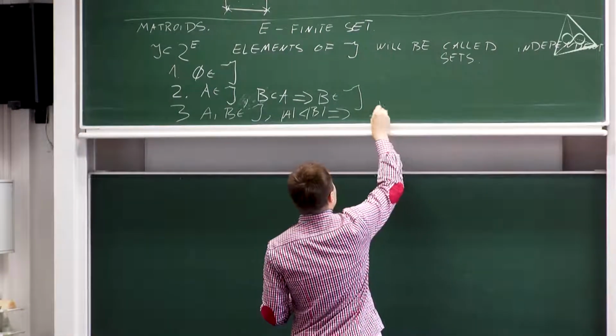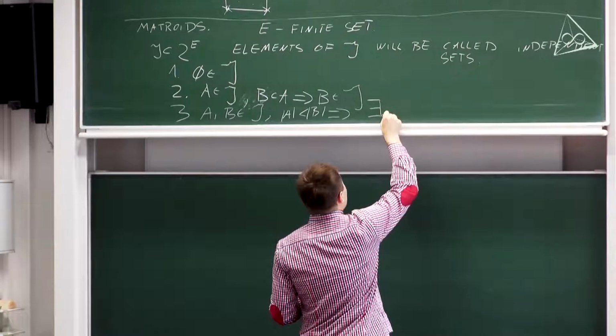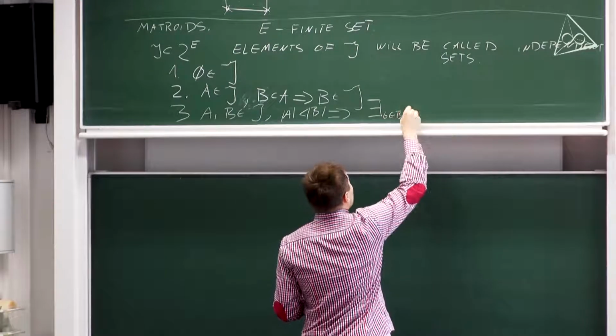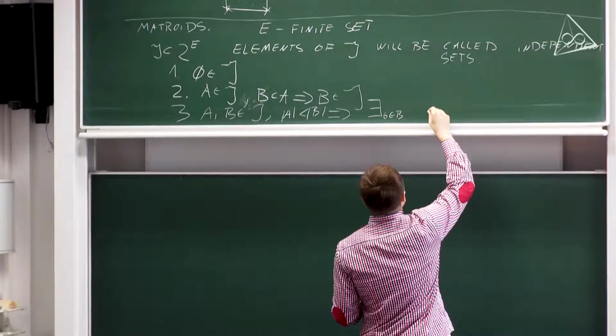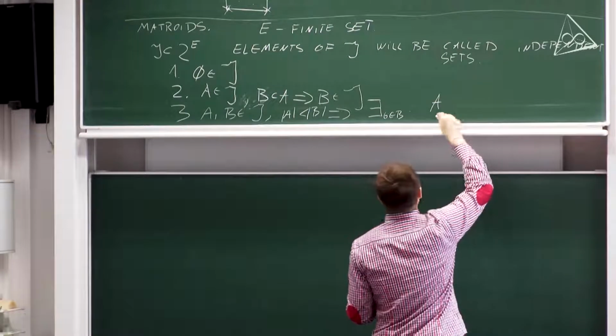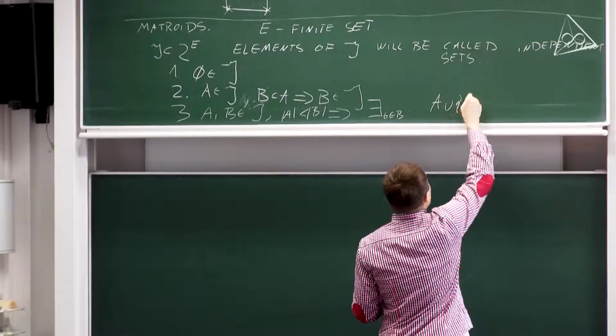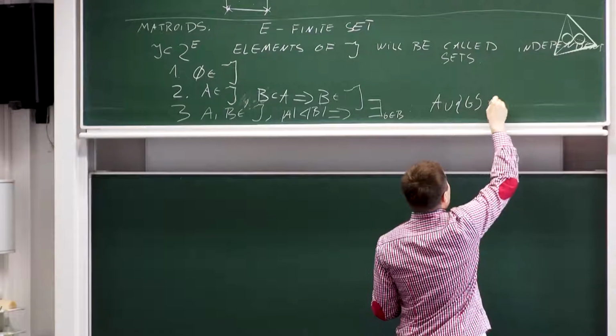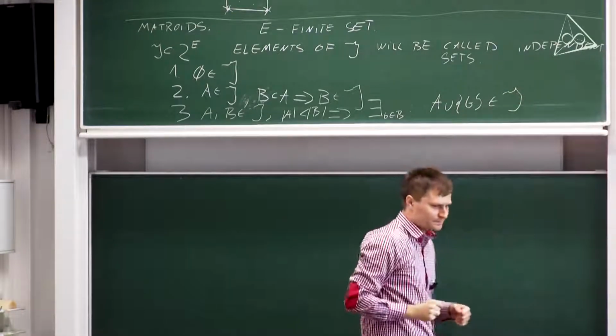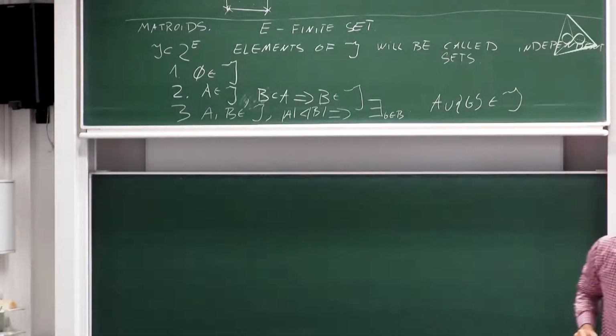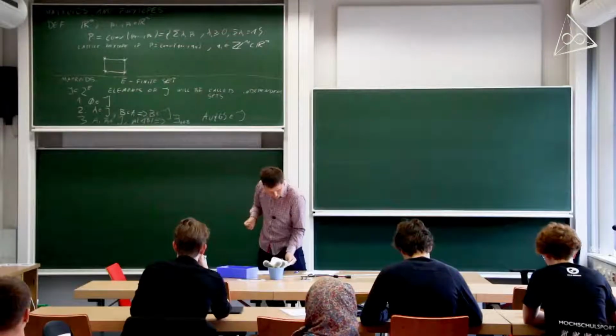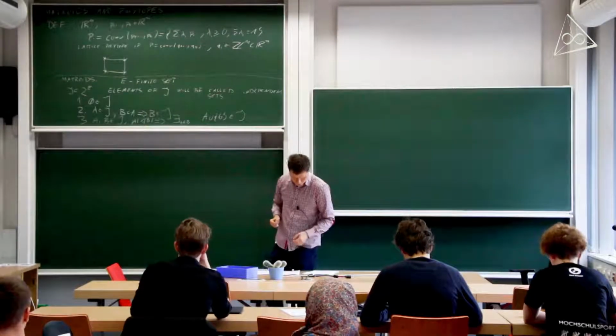There exists an element b in B such that A union b is also independent. And what is amazing, this is the definition of a matroid.